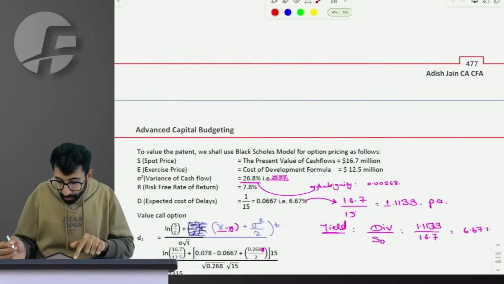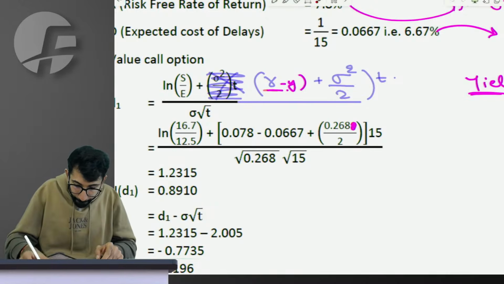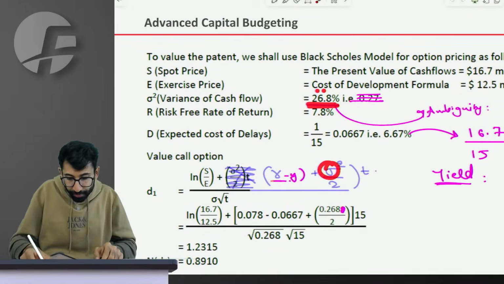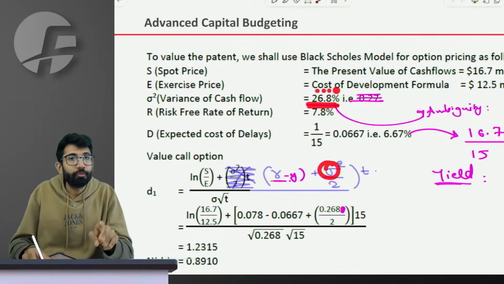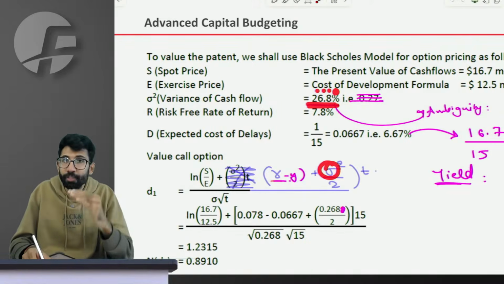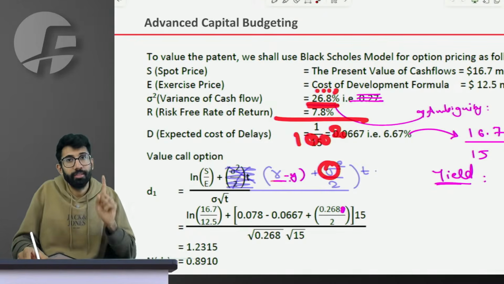Do I need the variance in the formula? Yes, sir, I need the variance in the formula. Only problem is that the variance, which is given to me in percentage terms, I have taught you in portfolio management that to convert the variance from percentage to decimal, you have to divide it by 100 square or 10,000.